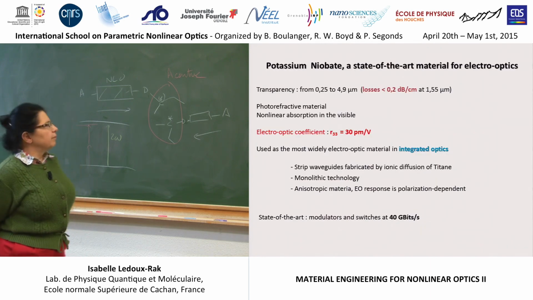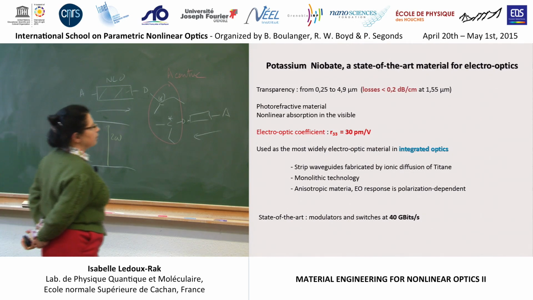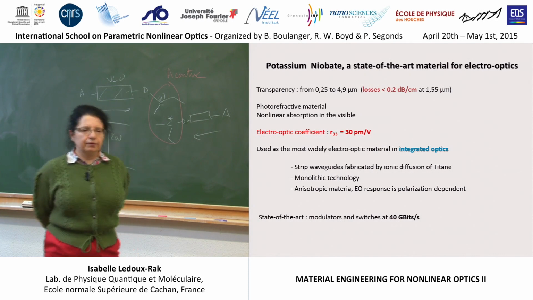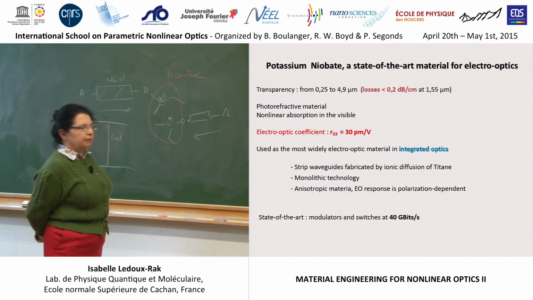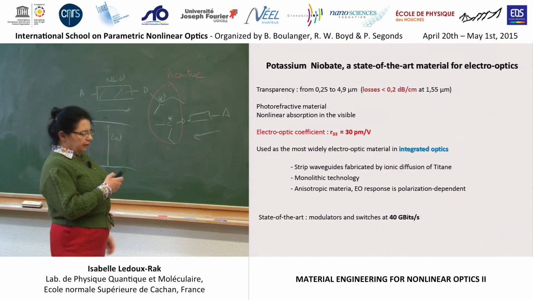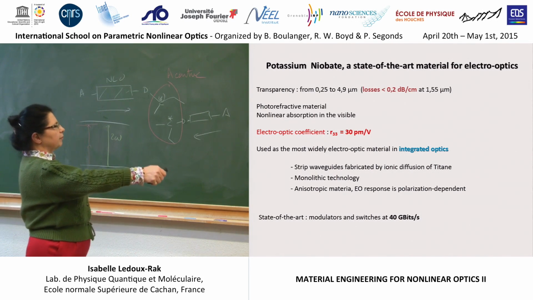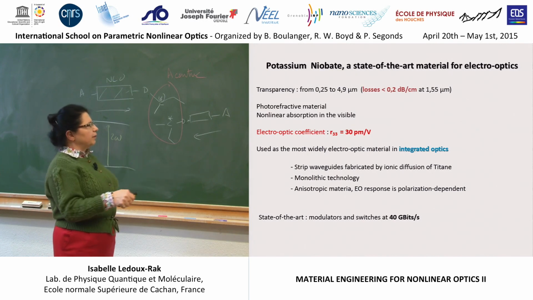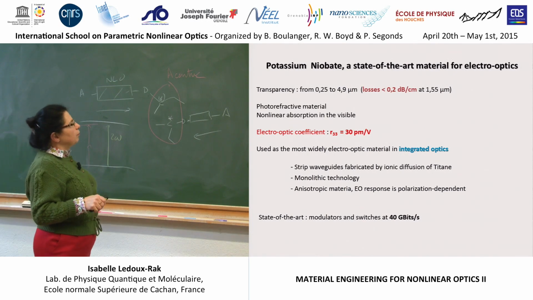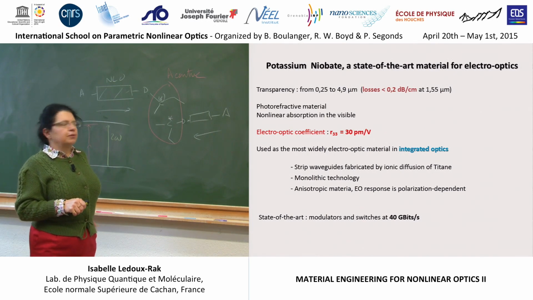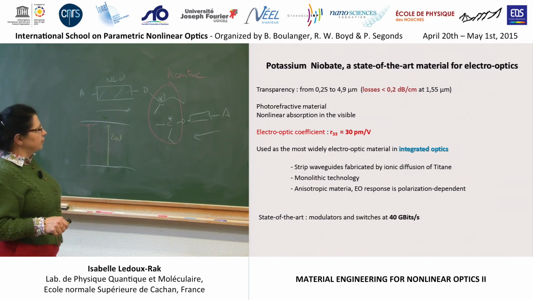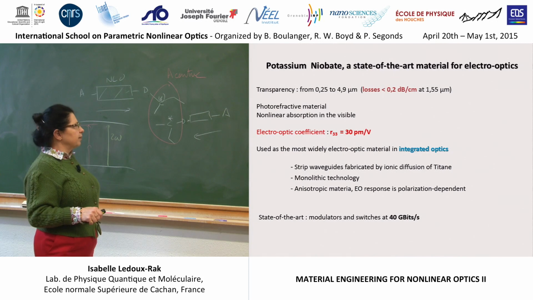So let's have some examples. Potassium niobate is really the state of the art. Modulators are now commercial for high bitrate modulation. It's transparent from the visible up to the mid-infrared and has very low losses, which is interesting. Its main problem could be its photorefractive properties, but they are not so sensitive in the intensity domain and wavelengths used for telecommunication.